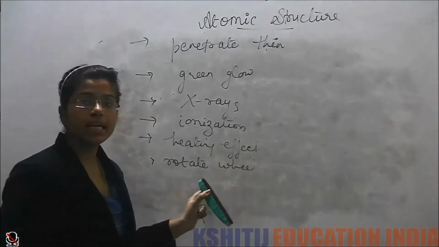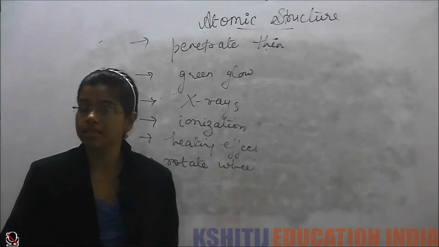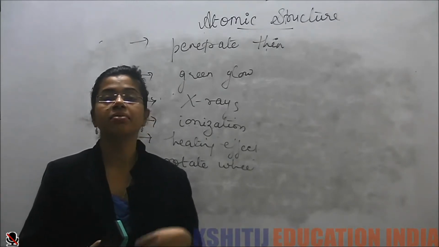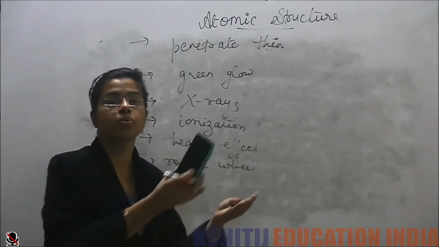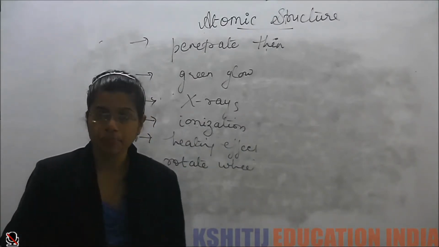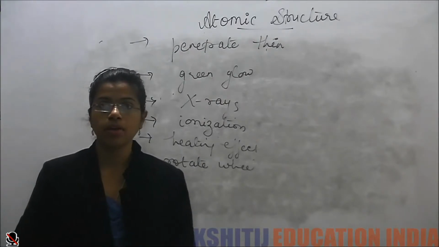Then they rotate a light paddle wheel which is placed in their path, which also shows that the cathode rays contain material particles having both mass and velocity, which on striking a light paddle wheel, the paddle wheel would start rotating. Right?